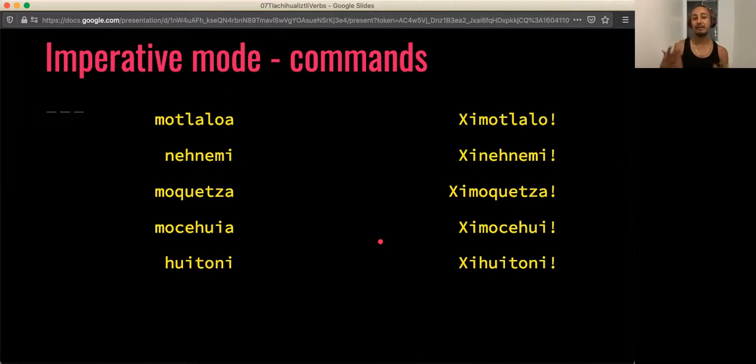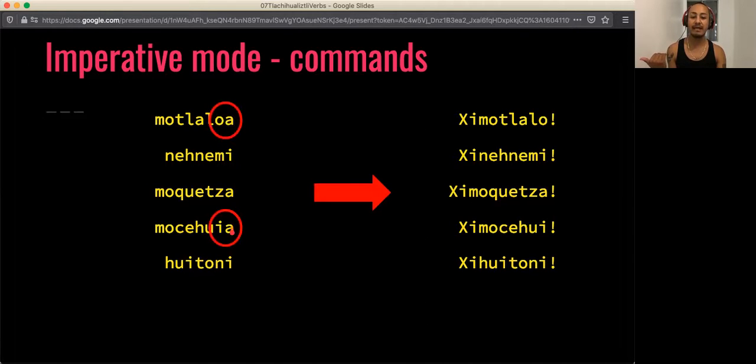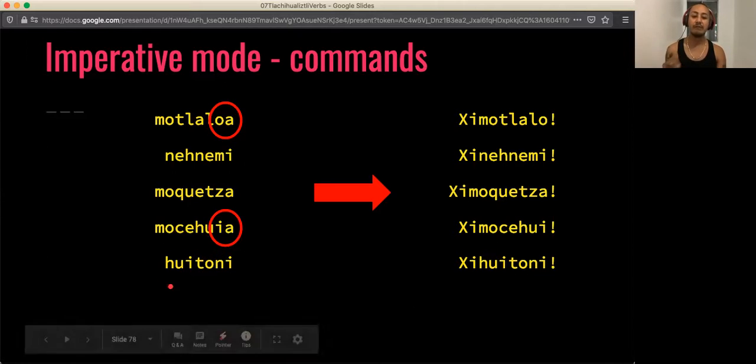So it's fairly easy to create these, except that you need to remember that for most of the verbs all you do is add the shi to them at the beginning, but for the verbs that end in OA and IA, you're going to drop the A. So motlaloa becomes shimotlalo, nehnemi stays nehnemi and it's shinehnemi, moketza becomes shimoketza, mosewia ends in IA, so you drop the A and it becomes shimosewi, and witoni becomes shiwitoni.